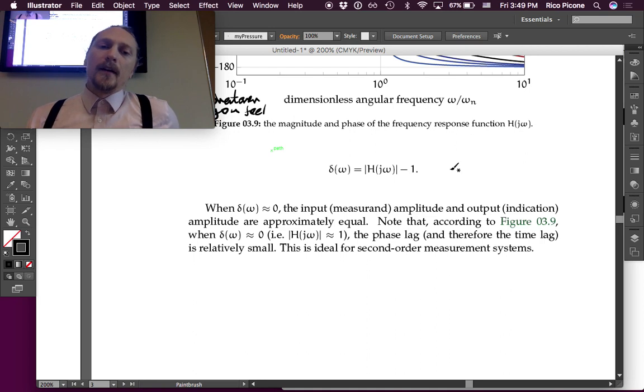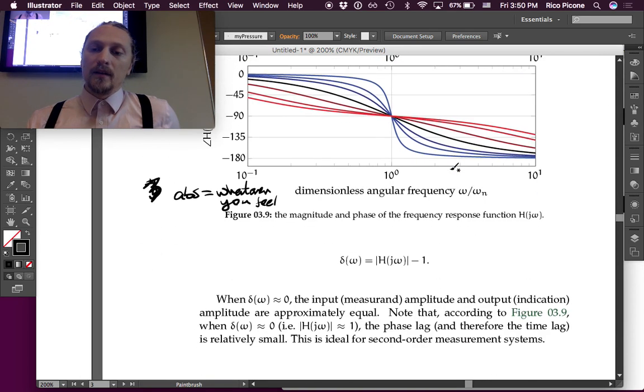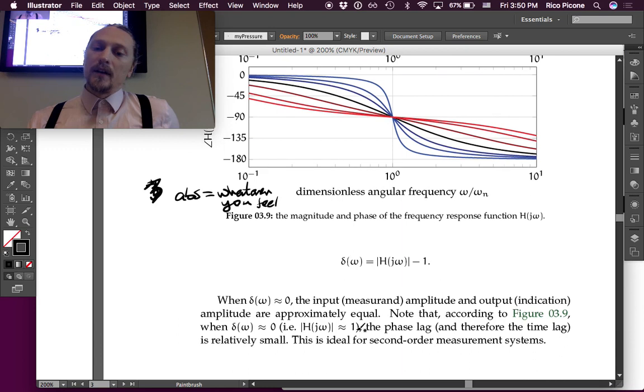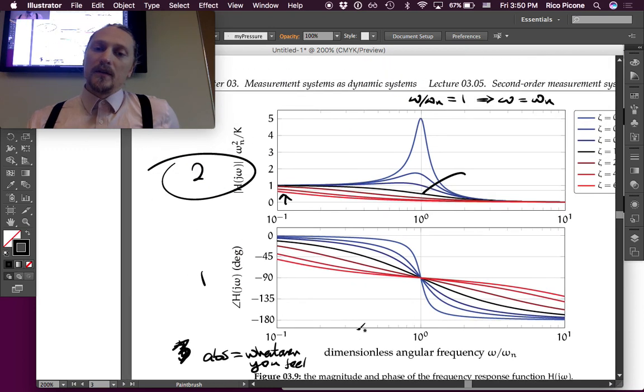When delta is about 0, the input or measurand amplitude and the output or indication amplitude are approximately equal. Note that according to figure 3.9, which is this one, when delta is about 0, which is when H is about 1, the phase lag and therefore the time lag is relatively small, which is ideal for second order measurement systems.